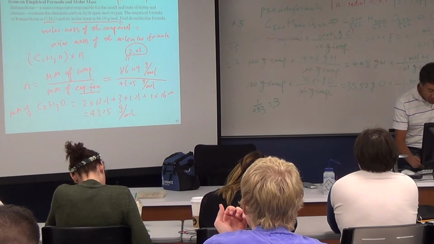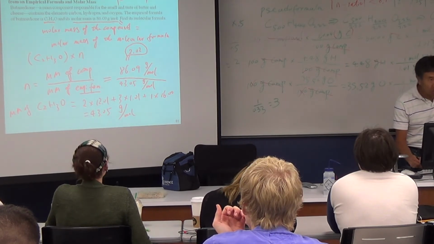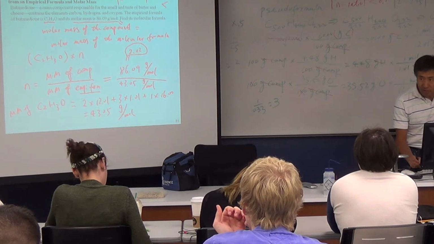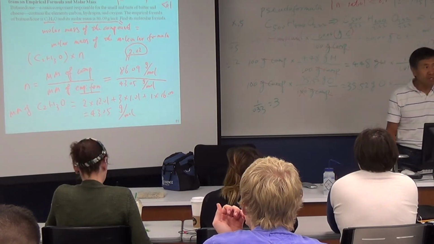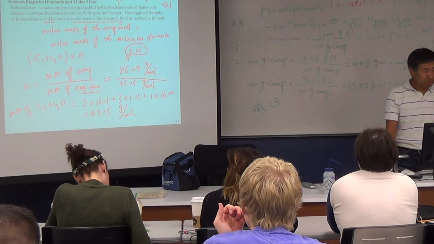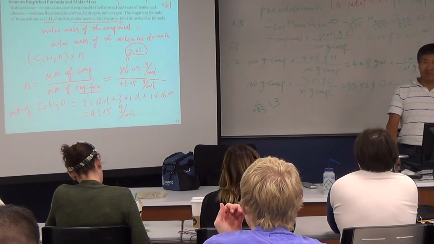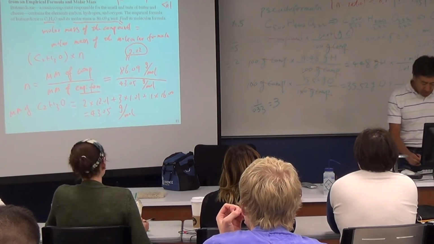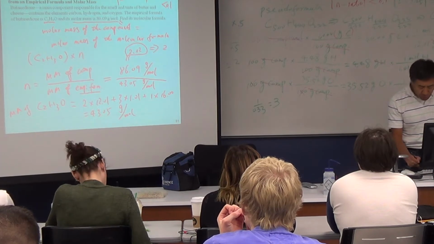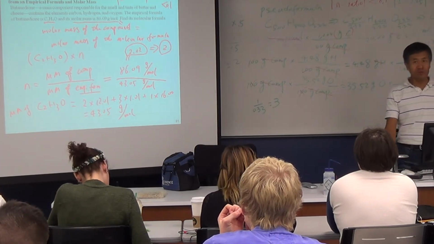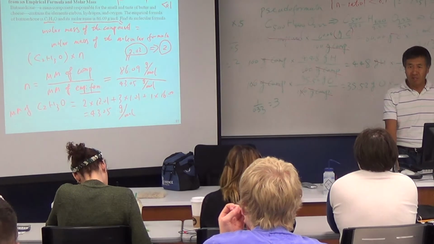Then you get 0.02, okay, which is much smaller than 1, smaller than 0.1. And therefore, because the difference between the number and the integer is so small, this changes into 2. You don't have to worry about using 2.02. Understand?